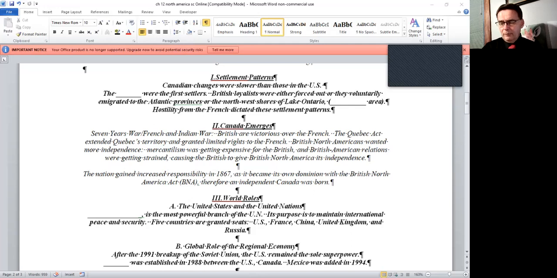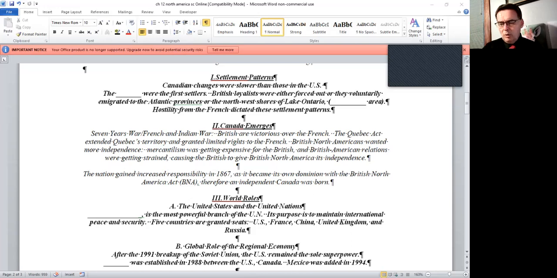The British were victorious over the French. The Quebec Act extended Quebec's territory and granted limited rights to the French. So the victors, the British, gained the spoils, and they did allow some limited sovereignty for the French, instead of kicking them completely off the continent.